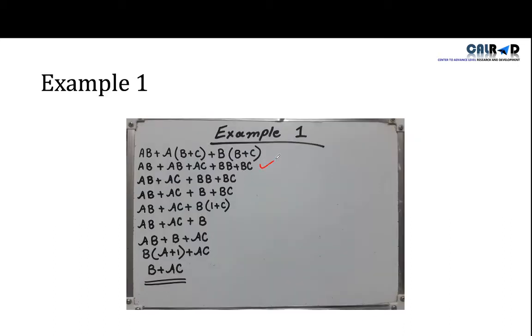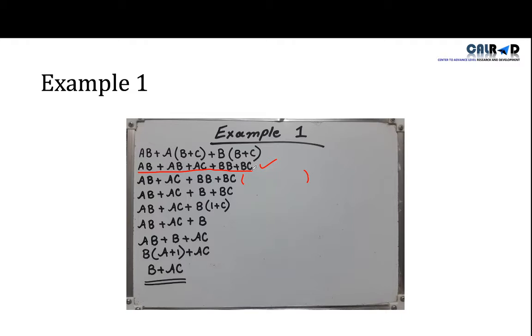So we did the simplification, and here we will apply any law. So we will see the equation and which law is implemented. So now we have the equation AB plus AC plus BB plus BC. In one step only one law.